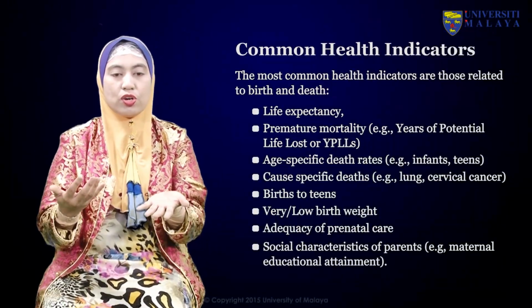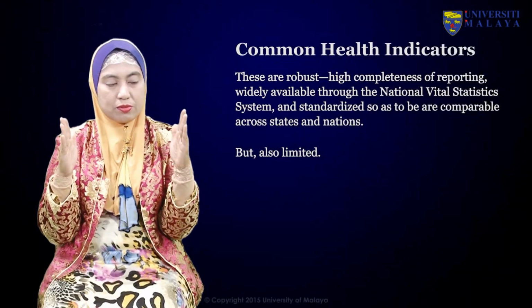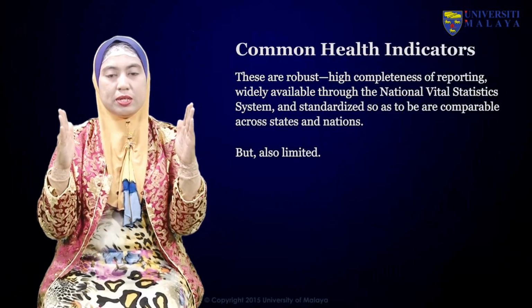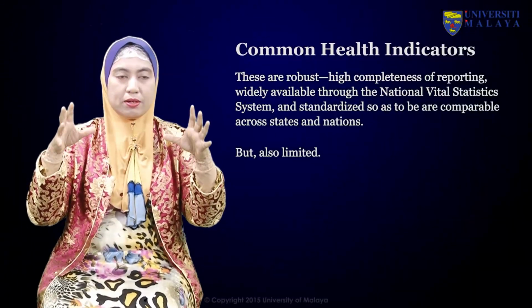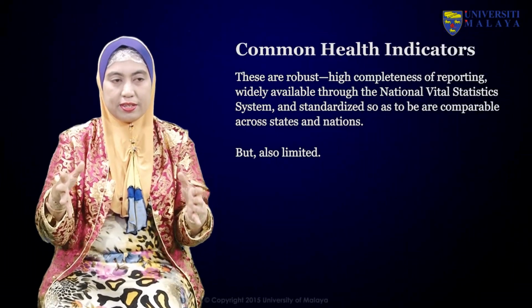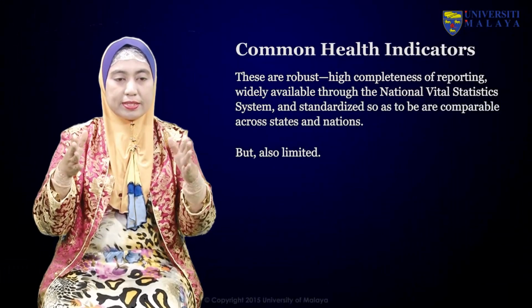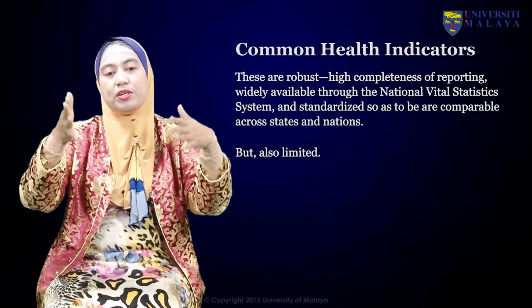Okay, so these indicators are actually very robust for any country, because they reflect the health of that country, and whether the health system is accessible to all the population or not.